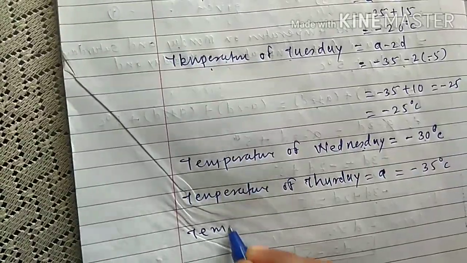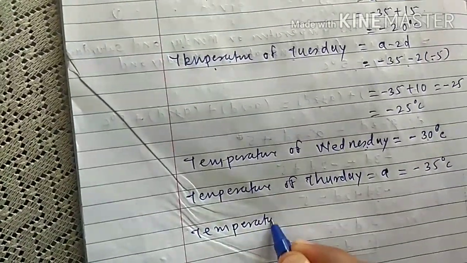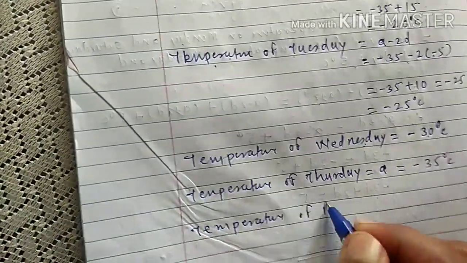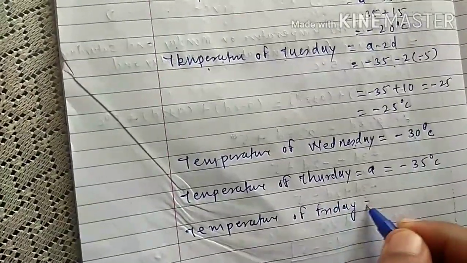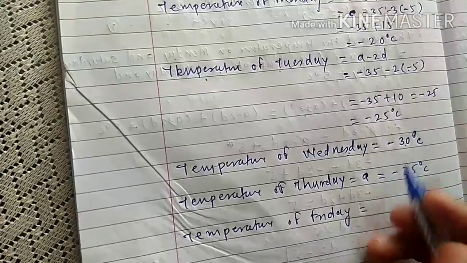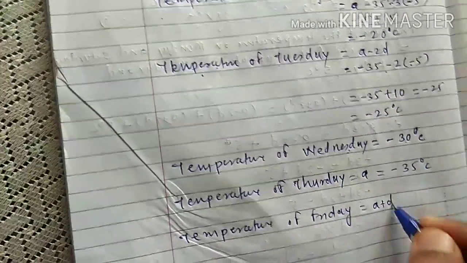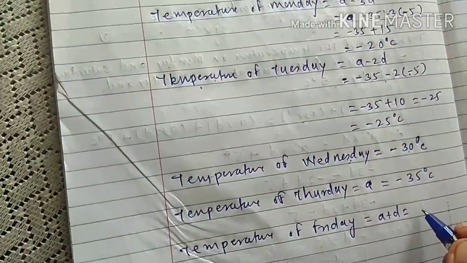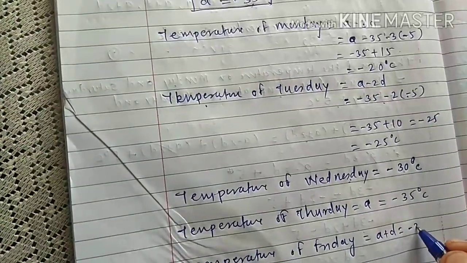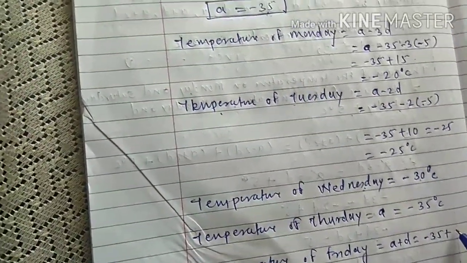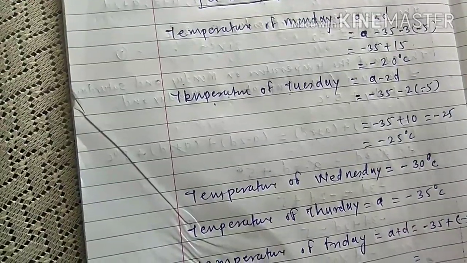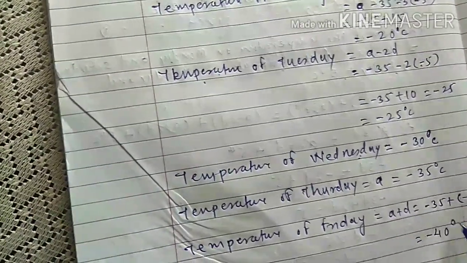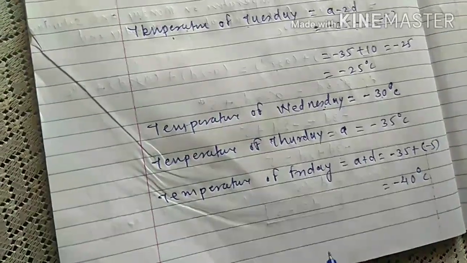Next, temperature of Friday. Temperature of Friday is A plus D. A is equal to minus 35 plus D is minus 5 is equal to minus 40 degree Celsius.